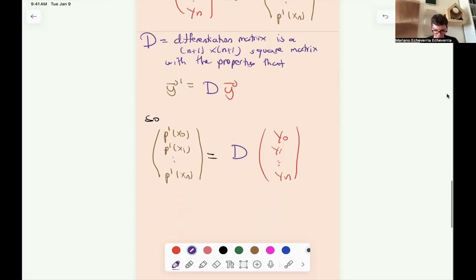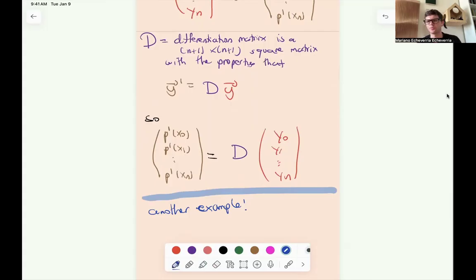So here's another example, which is related to the Chebyshev polynomial.